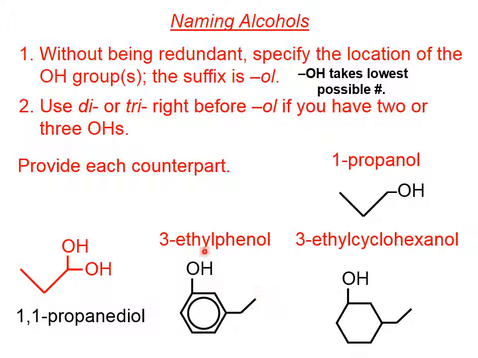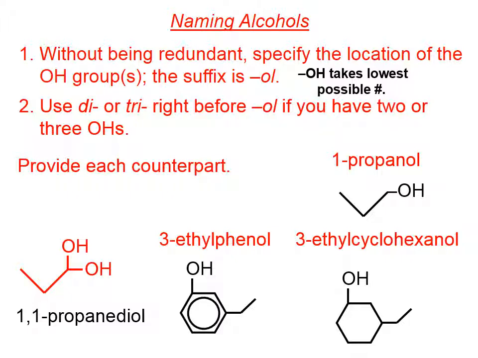3-ethylphenol down in the bottom of the screen in the middle, and in the lower right corner, 3-ethylcyclohexanol. The difference being, if you look at the 3-ethylphenol, there's only one hydrogen hanging off of this intersection. There's one hydrogen hanging here, one hydrogen hanging there, one hydrogen hanging there.